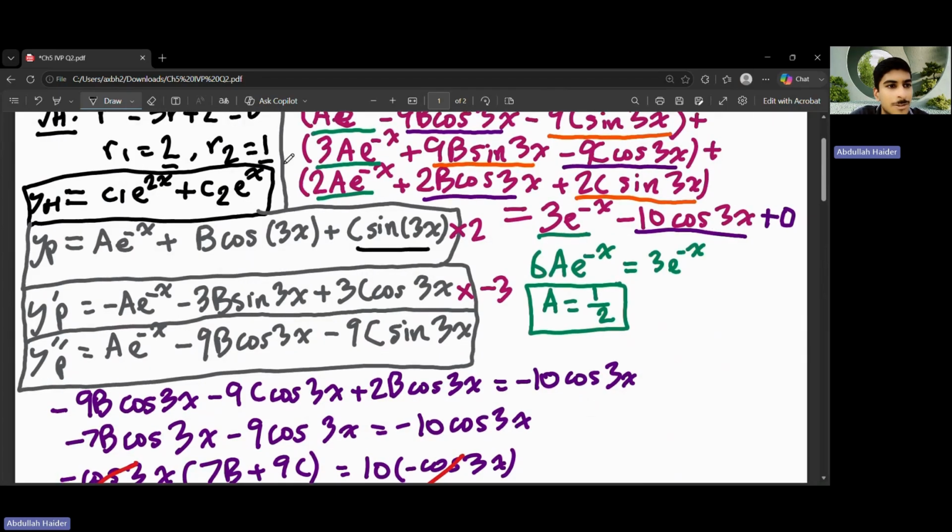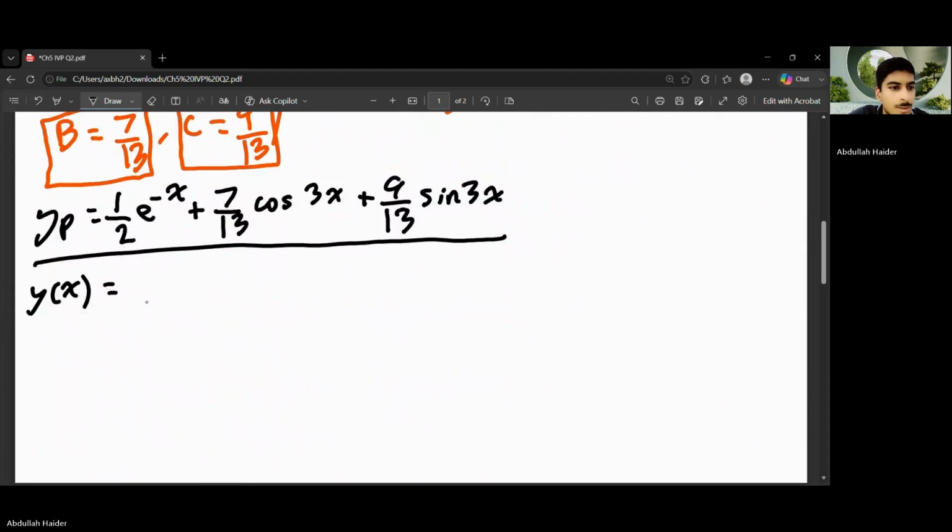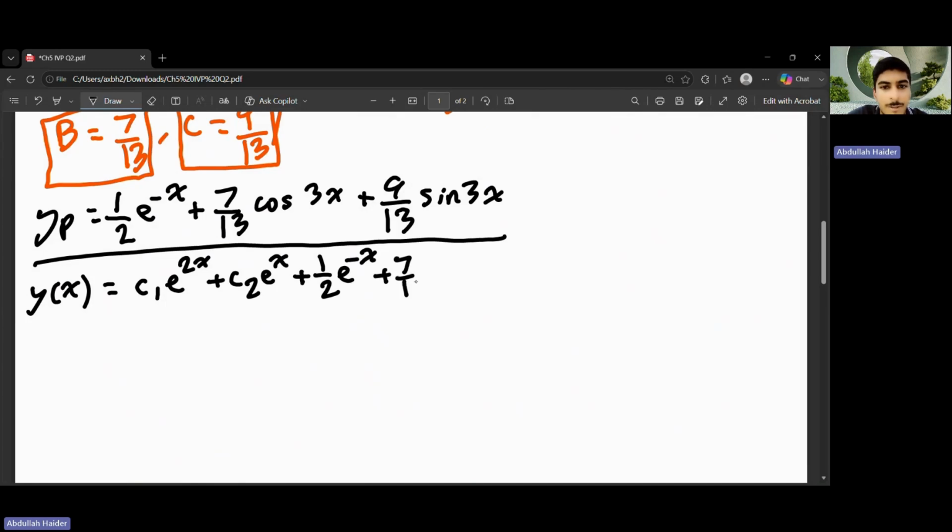So the homogeneous solution was C1 e power 2x plus C2 e power x, plus half e power minus x plus 7 over 13 cosine 3x plus 9 over 13 sine 3x. This is your whole equation. The first two terms are your homogeneous, and your last three terms are the particular.